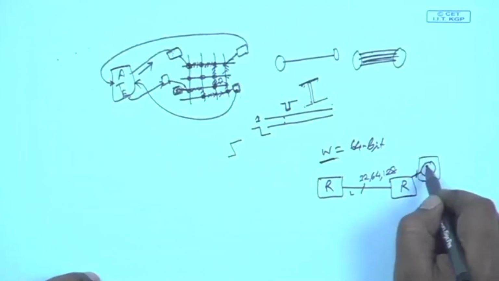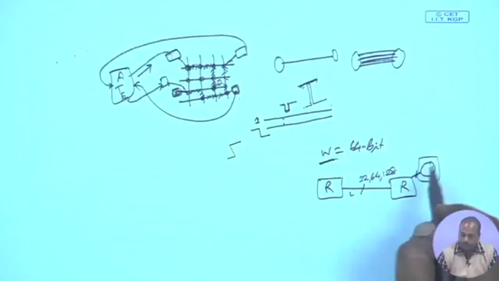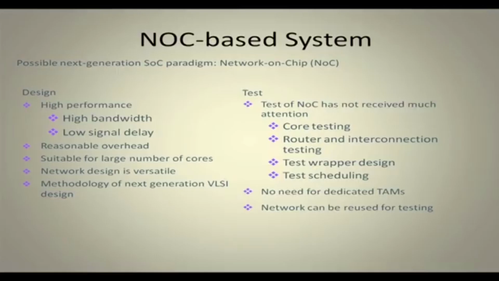So, if this core has got more number of inputs than the channel that is connecting it, the wrapper has to take care of it, so that the interface becomes 64 bit only.